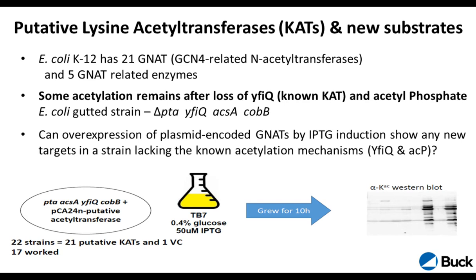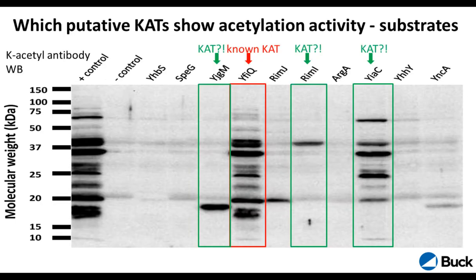So my collaborator would make these knockout strains, we call them the gutted strains, that have very low wild-type acetylation levels, particularly not having the acetyl phosphate mechanism. And then you can try and overexpress these potential KATs. They made 22 strains, and we would first monitor all these strains with Western antibodies.